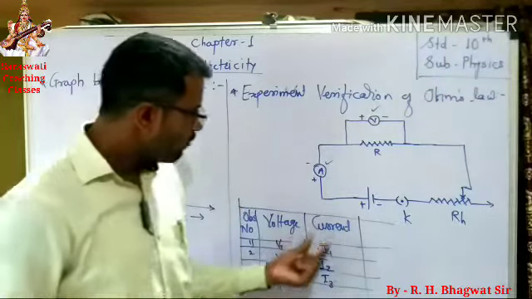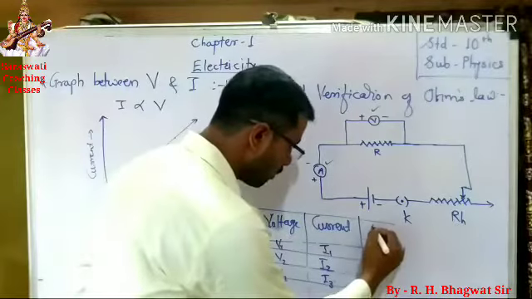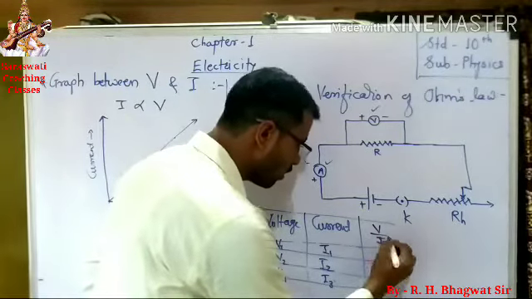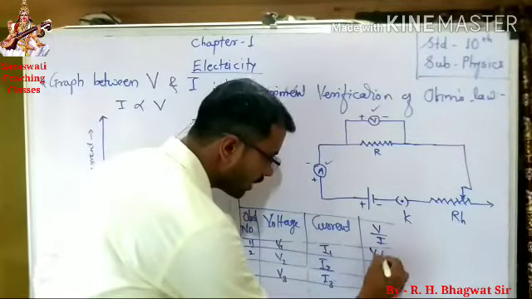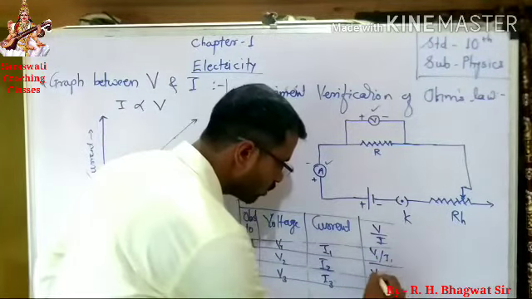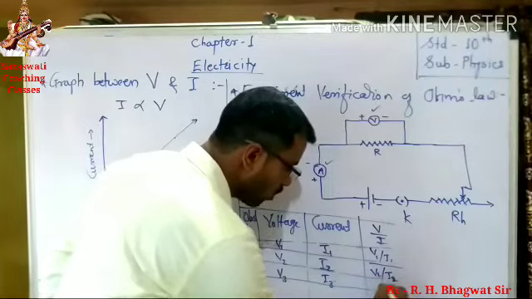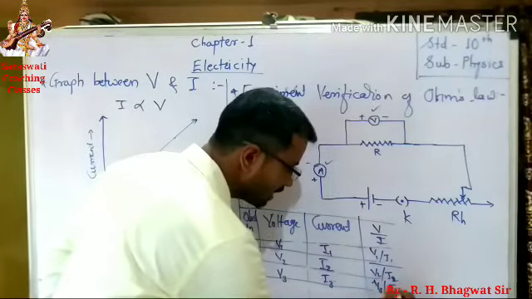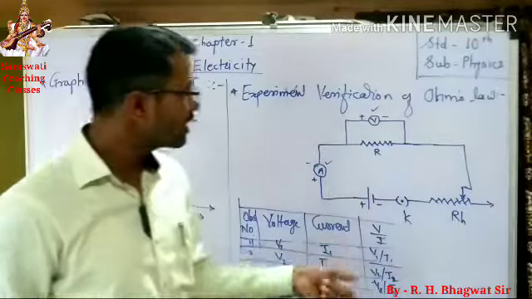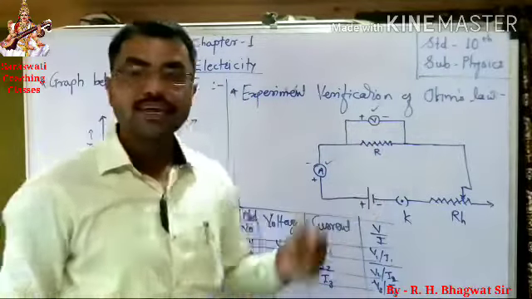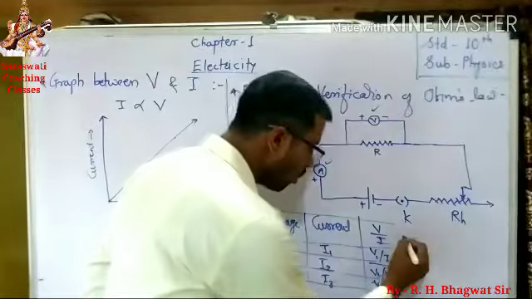Now when we calculate the ratio of voltage divided by current, we find that these ratios V1 divided by I1, V2 divided by I2, V3 divided by I3 always remain constant. That constant ratio is nothing but the resistance connected in that circuit, which is in ohm.